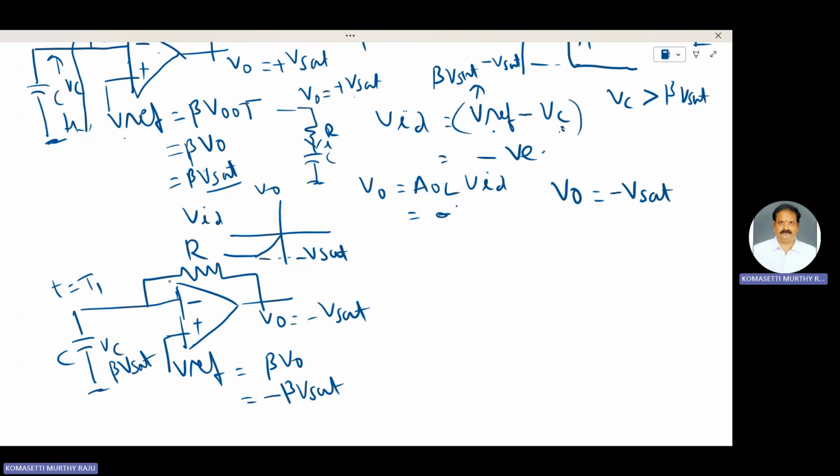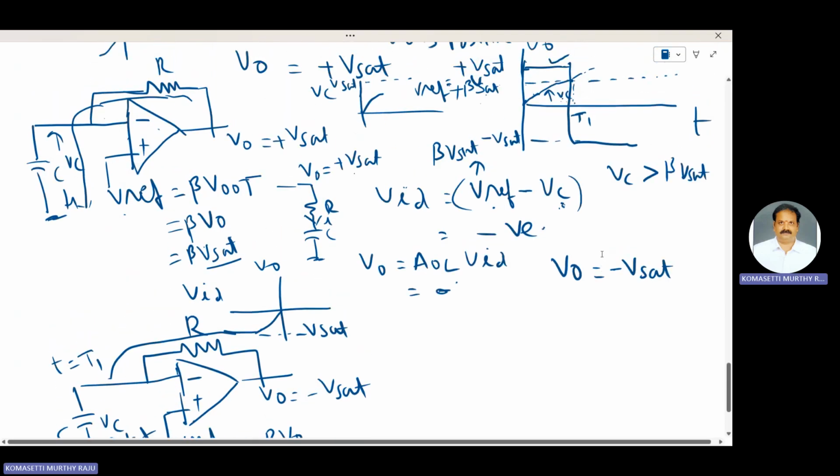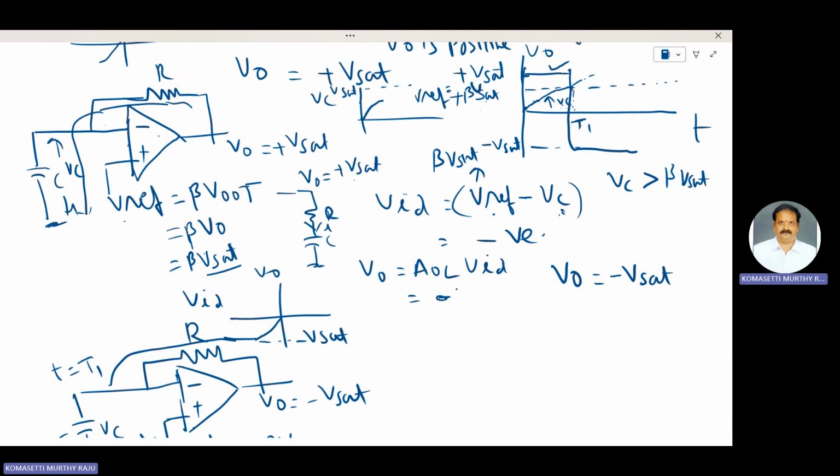At this instant, the voltage on the capacitor is plus beta V sat. It begins to discharge through R, that is, charged towards minus V sat.